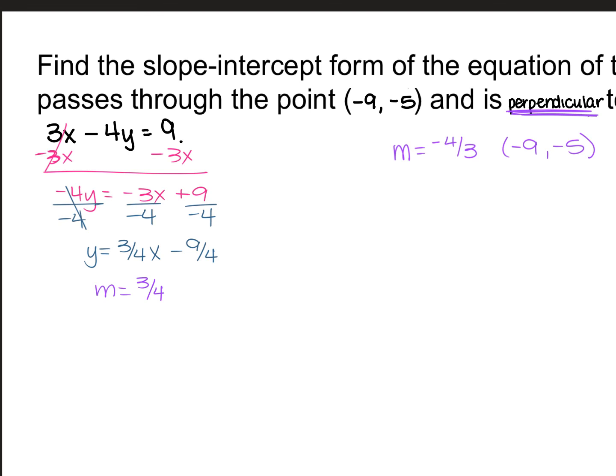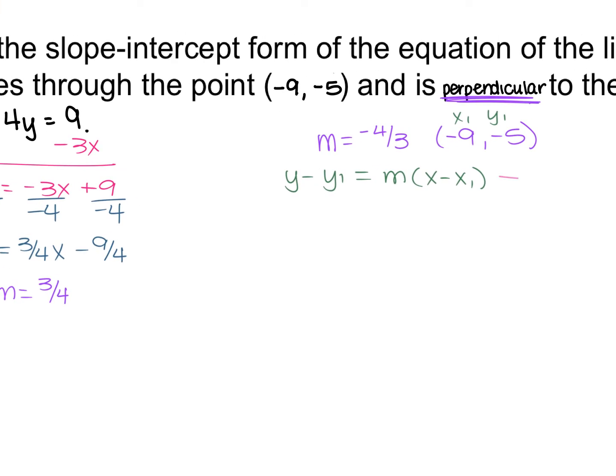So your m is the negative 4/3, your x1 is the -9, your y1 is the -5. You're going to plug that into y minus y1 is equal to m times x minus x1. From there, you'll turn that into slope-intercept form.